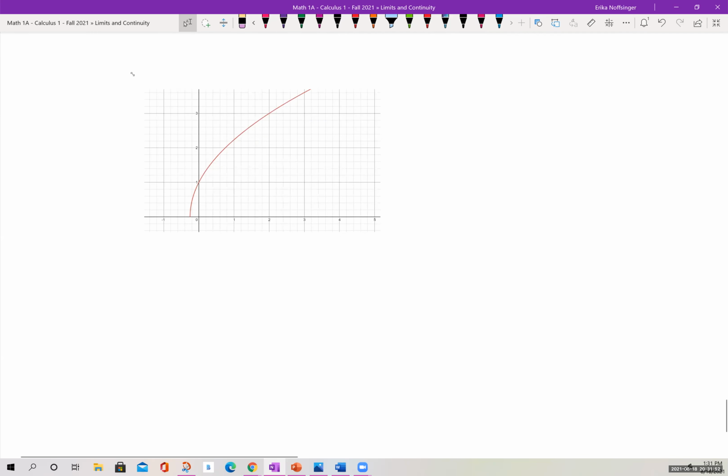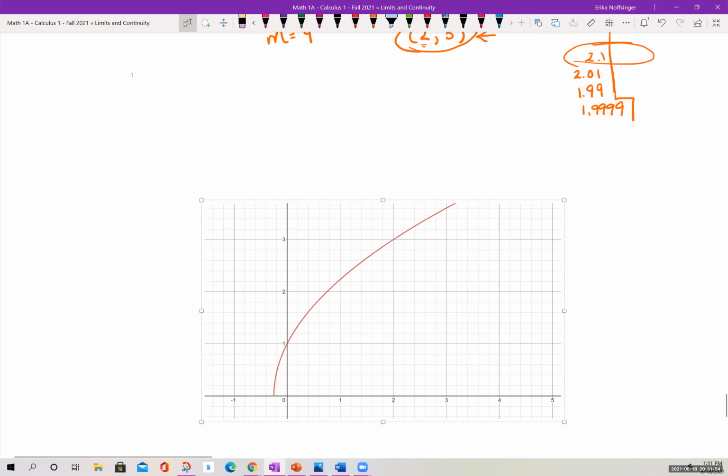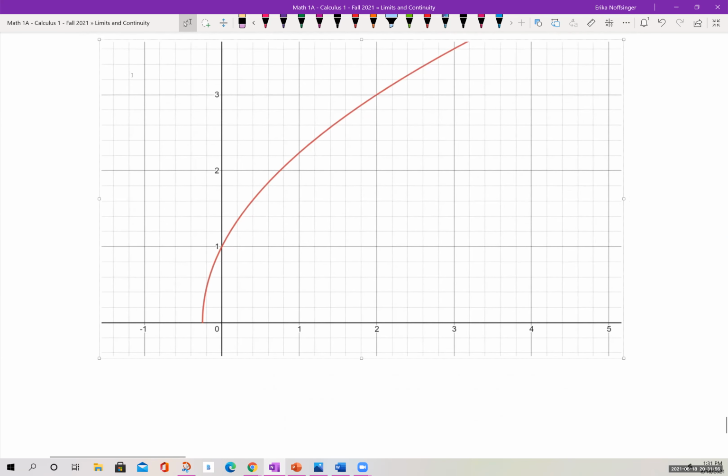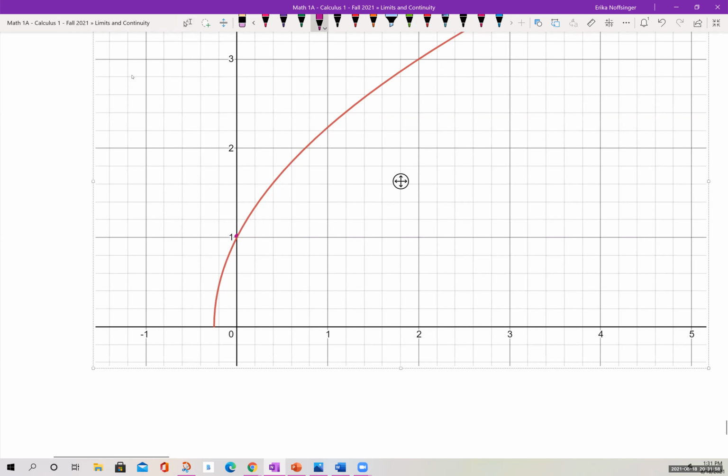Let me just post this here. So basically, the more points we choose that are closer and closer, we saw that this one wasn't very accurate. I thought it was 1, 3. No, it was 2, 3.